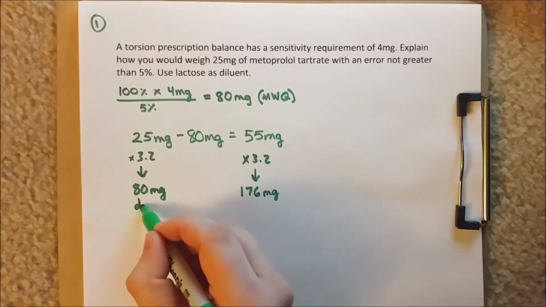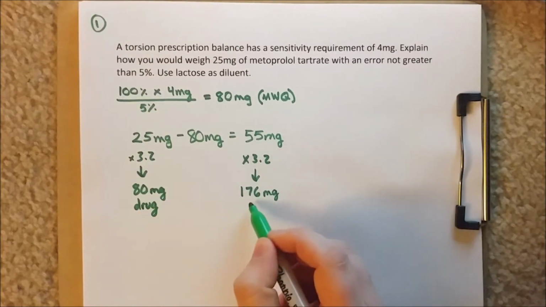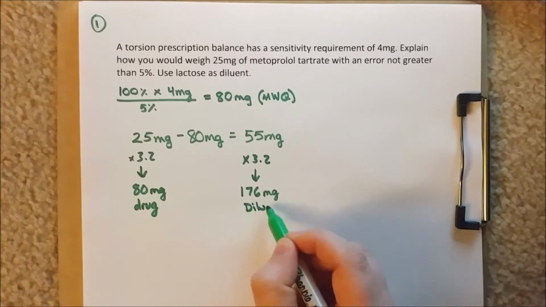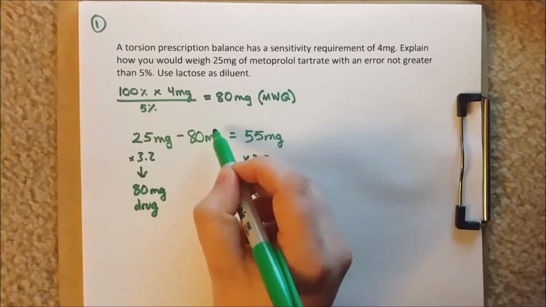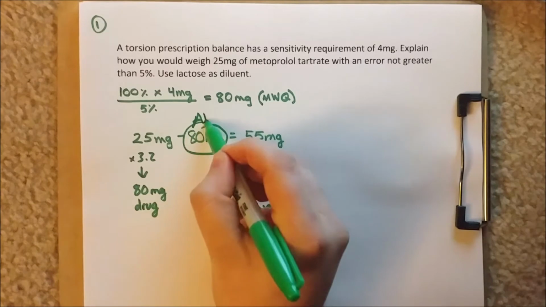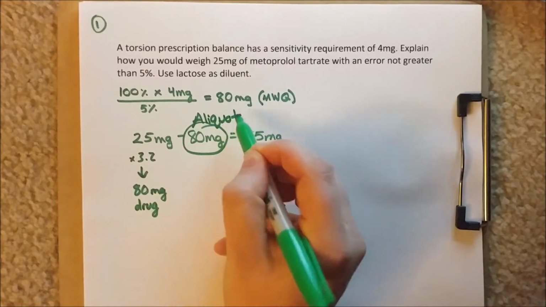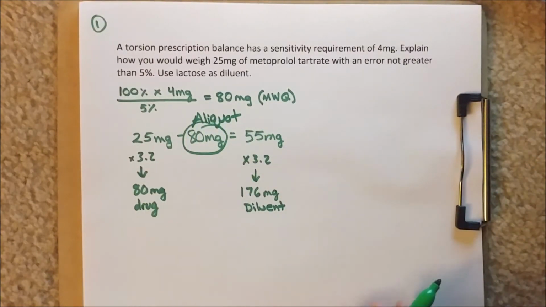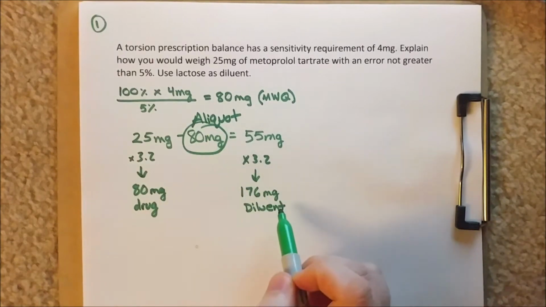Keep in mind this is your drug and this is your diluent. This right here is our aliquot. So drug, aliquot, diluent.